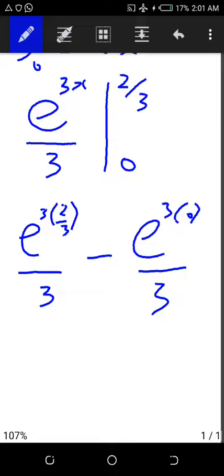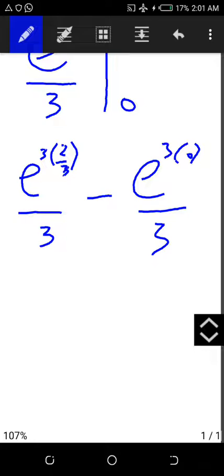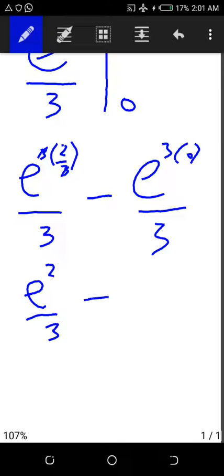And then trying to simplify this, the 3 here cancels this 3. So what we're left with is e raised power 2 minus, for here 3 times 0 is 0, and then e raised power 0, anything raised power 0 will evaluate to 1. So e raised power 0 gives us a 1, over 3.